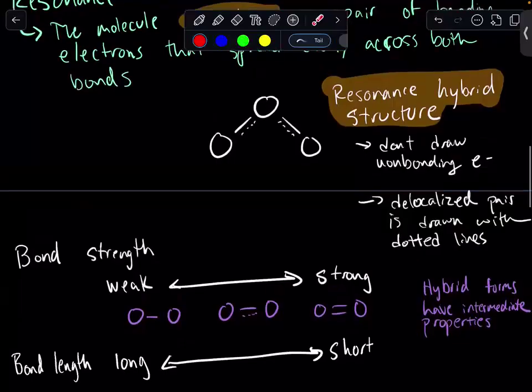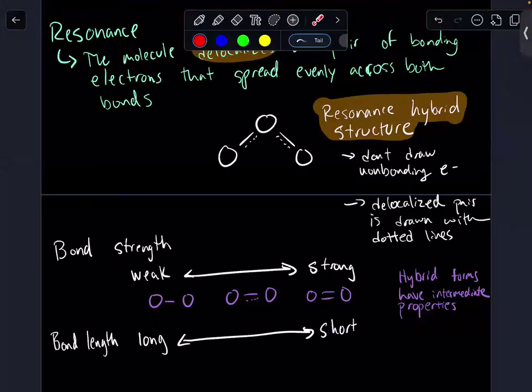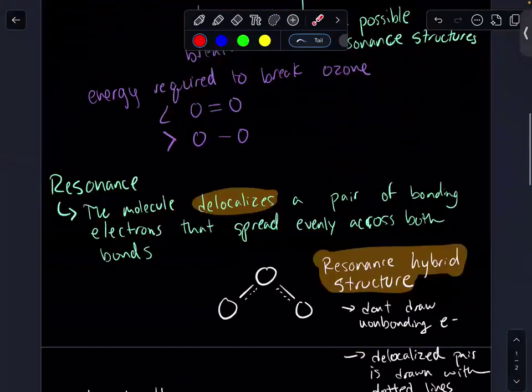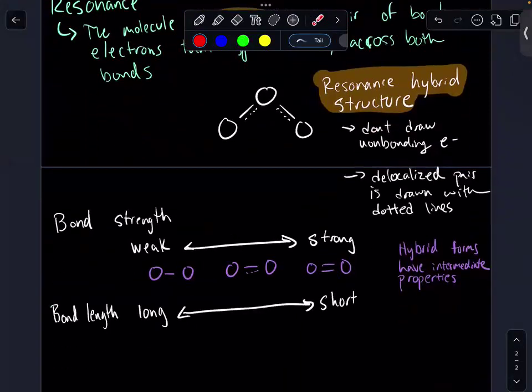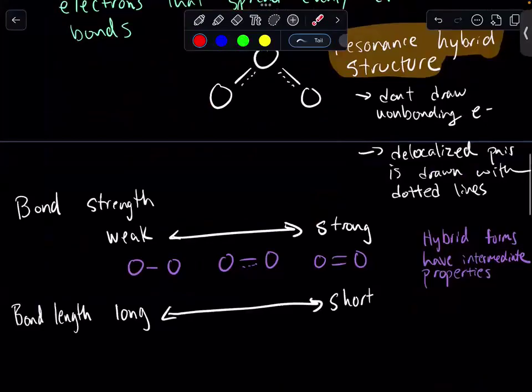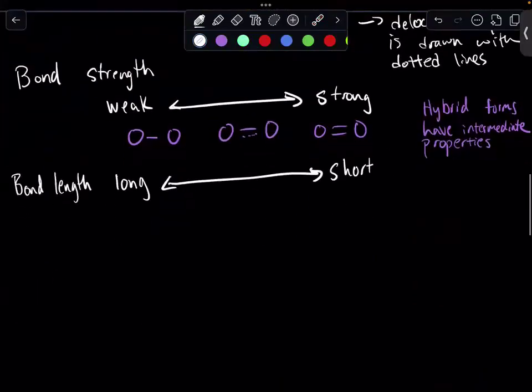So this is our resonance structure, this is our hybrid structure, and this is how we classify their strengths. So we have one more way to discuss all of this, and that's with the idea of bond order. I'm going to change colors for this. Bond order.